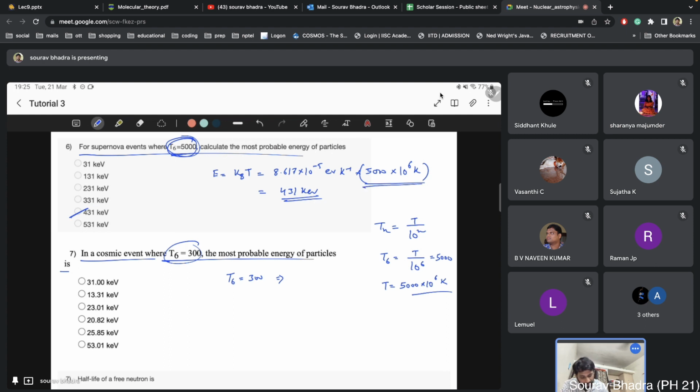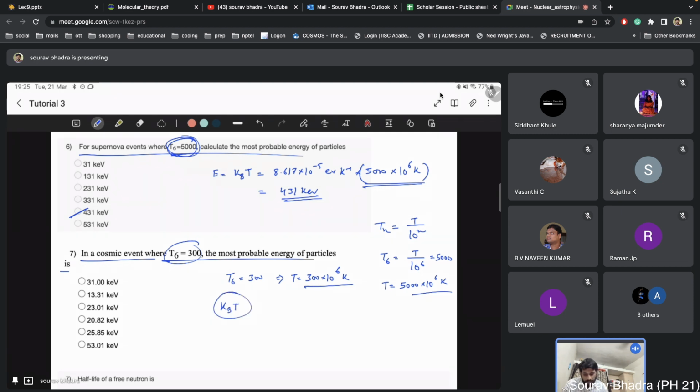So the T value will be 300 times 10 to the power 6 K. Just put the T in kBT and you will get your answer. I have not done that answer, just find what the value will be. Just put kB and T and you will get the answer.